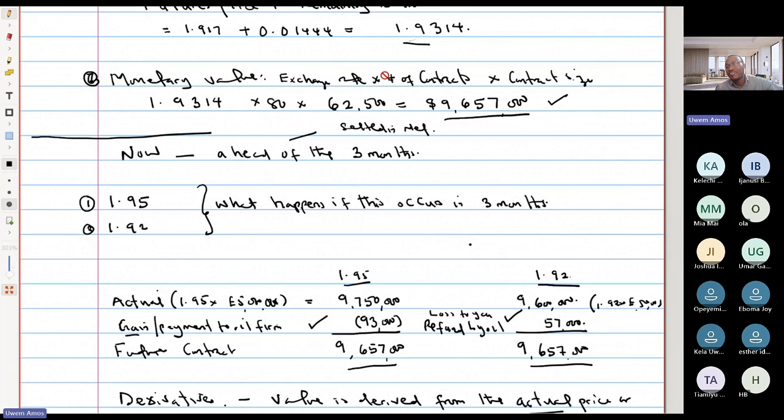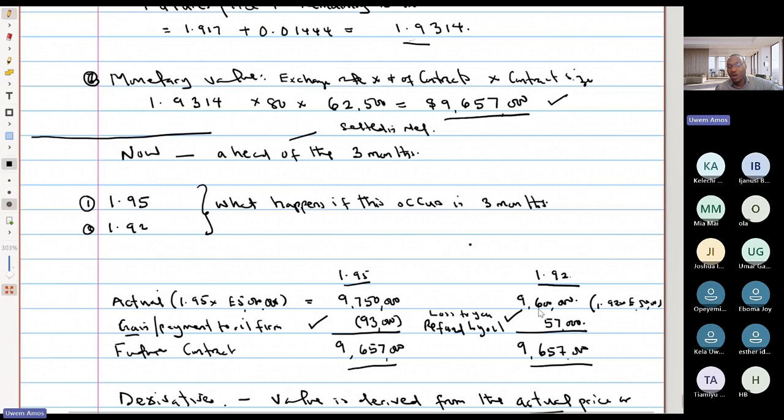The only difference is that futures are settled in net. So in 3 months' time, you are asked as a business person to go and purchase the currency in the market. However, regardless of the price at which you purchase it, if you purchase it at more than 9.657, you get a refund to take you to 9.657, which is the fixed amount. Because the futures market doesn't keep foreign currency, it's just a market to manage exchange rate.